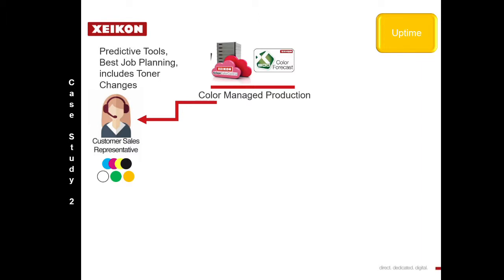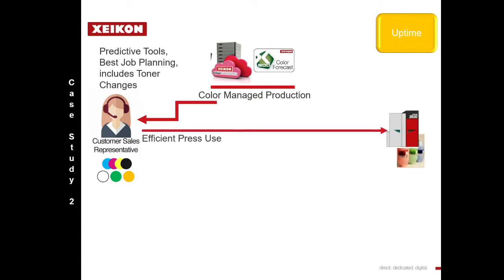Lucky for us, we have very strong predictive tools which are great for people in order processing and job planning, where they can look at what the customer's requirements are and group the jobs appropriately. This means the most efficient use of the press and includes uptime.